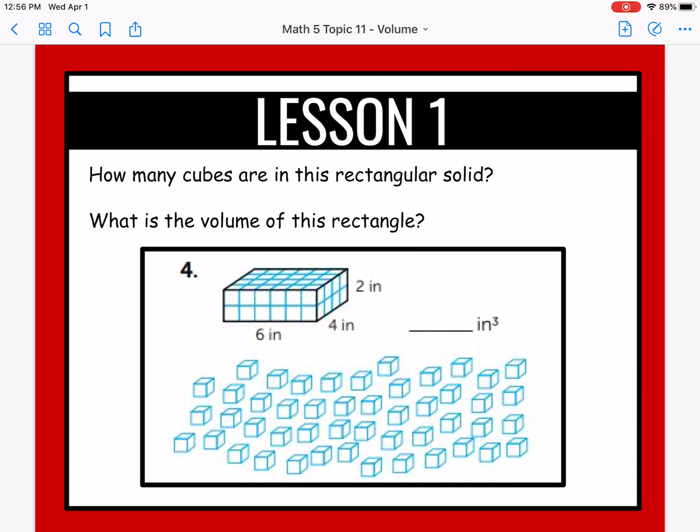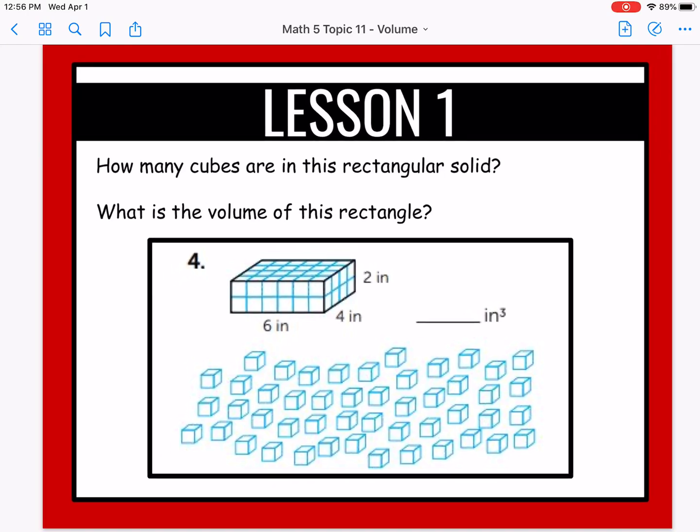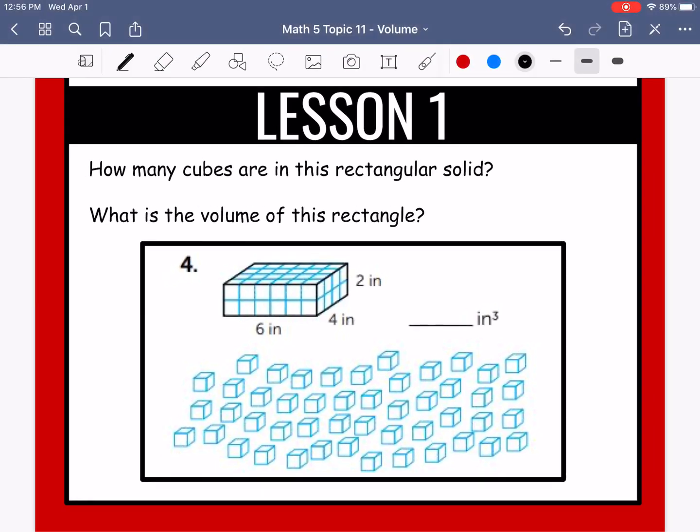How many cubes are in this rectangular solid? Why don't you push pause and count them yourself? Let's see what you get. You should have gotten 1, 2, 3, and so on up to 48.